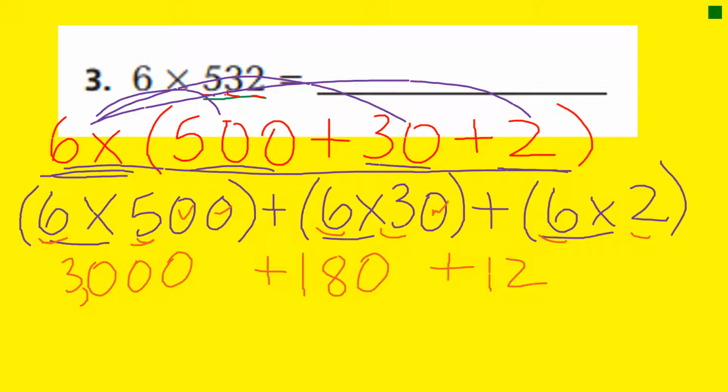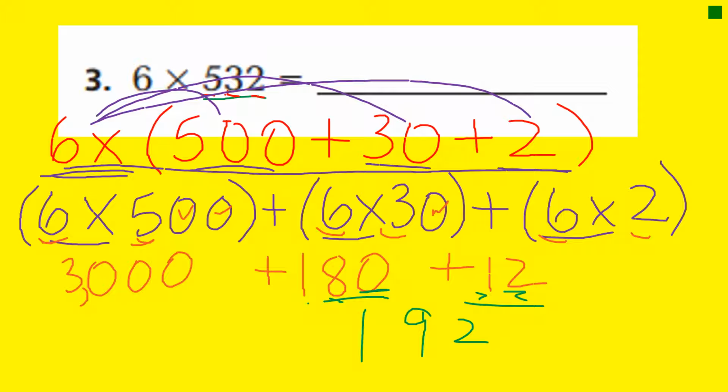Right? So when I look at this, I'm gonna add these two together first, because 180 plus 12, I can do that mentally. Right? We do our ones place. I have a 2, 8 and 1 in the tens place is a 1, 192.